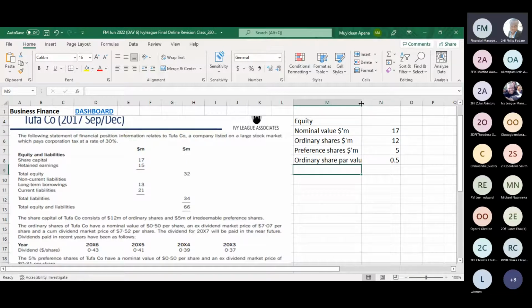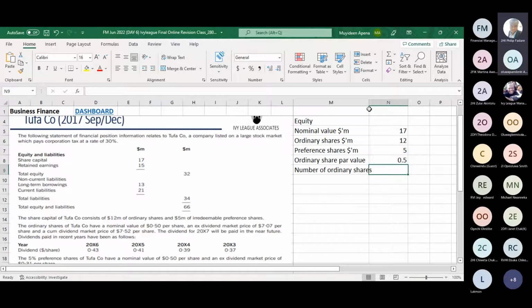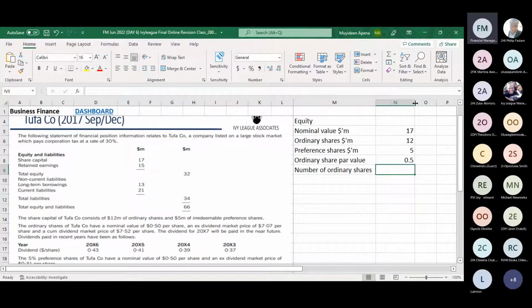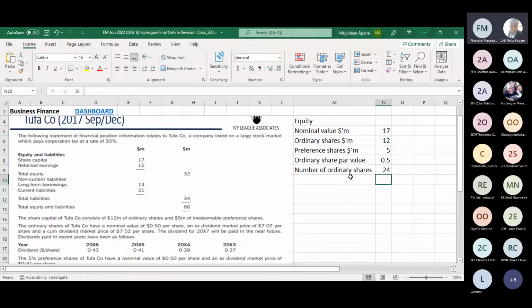Which means quickly you can use this to get the number of ordinary shares, isn't it? You can just start doing your calculation immediately and be earning your mark. The number of ordinary shares will be ordinary shares nominal value in total divided by par value. So 24 million shares in issue.